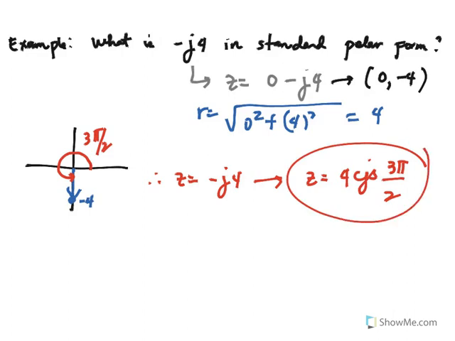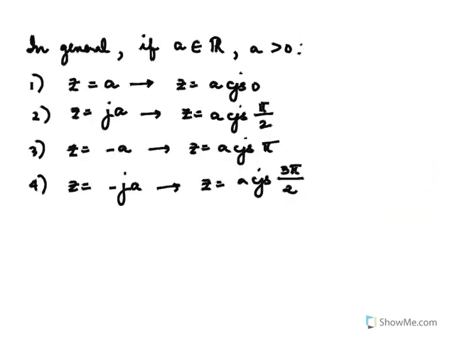So kapag yung iyong graph nung complex number mo is just purely horizontal, ibig sabihin real yung ating complex number, real number, or kapag naman vertical, ibig sabihin pure imaginary, pwede tayong magkaroon ng shortcut, no?